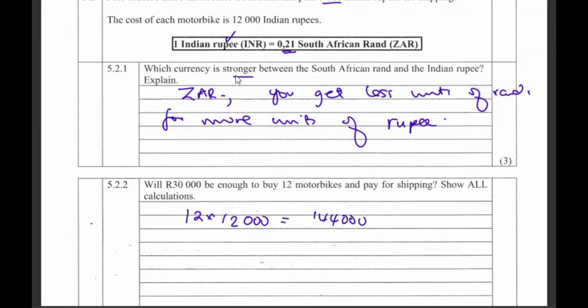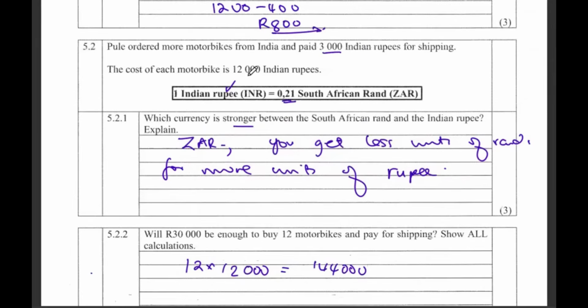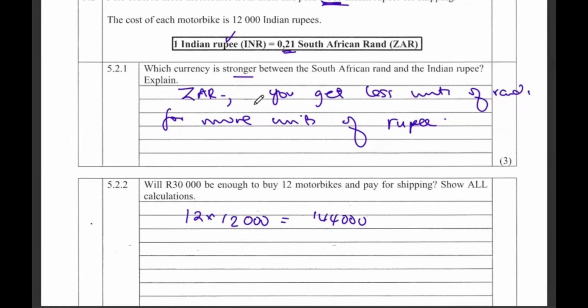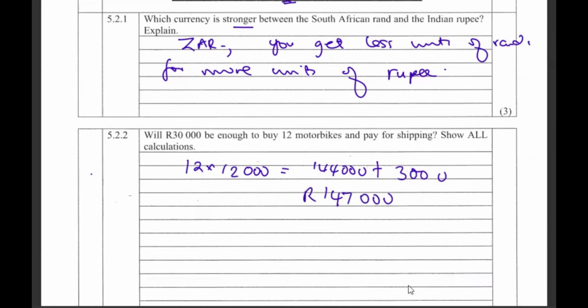That's just the cost. The shipping is for all the bikes, because this person ordered more bikes and paid 3,000. So if we add the 3,000 here, it's going to be 147,000. These are rupees, not rands.